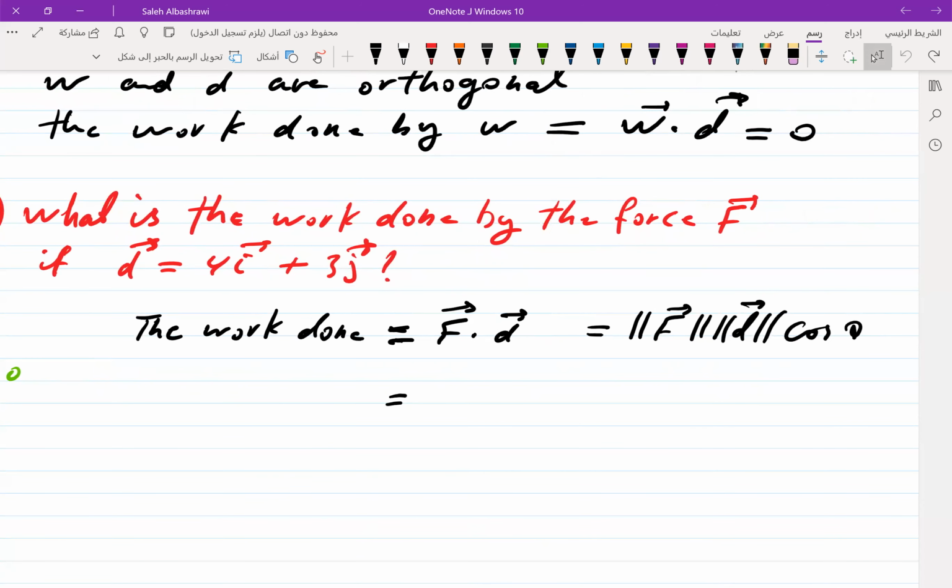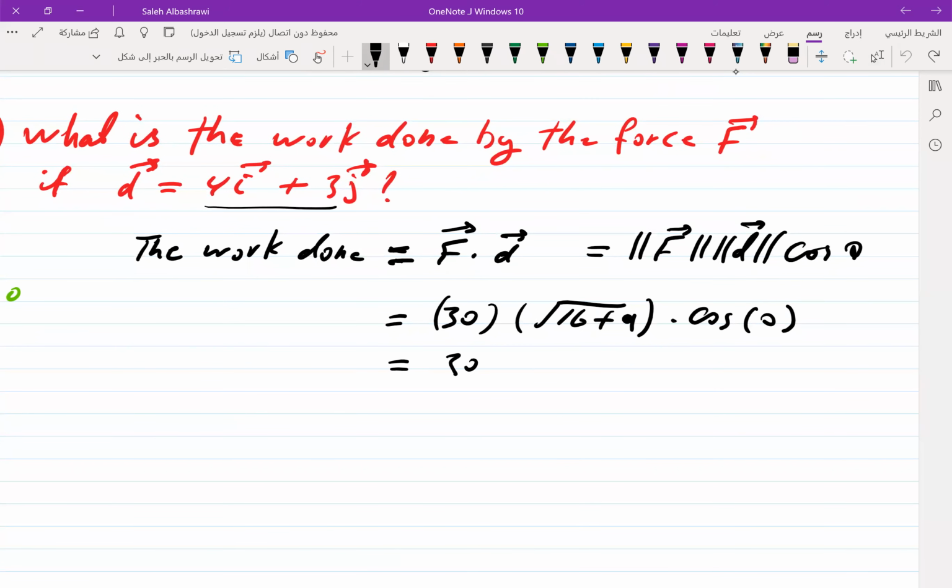So the work is the magnitude of F, 30, multiplied by the magnitude of D, which is the square root of 16 plus 9, multiplied by cosine of 0.